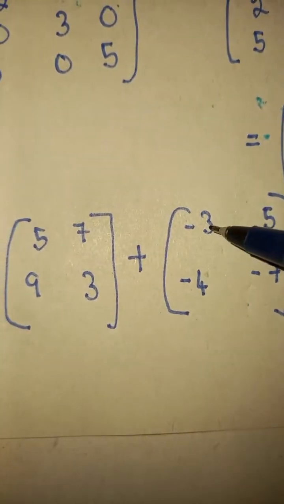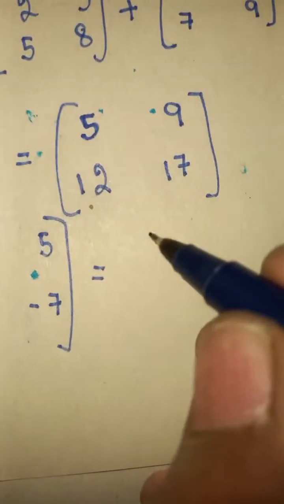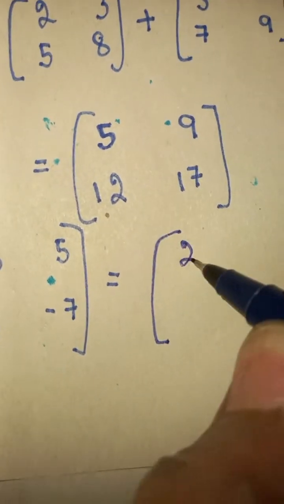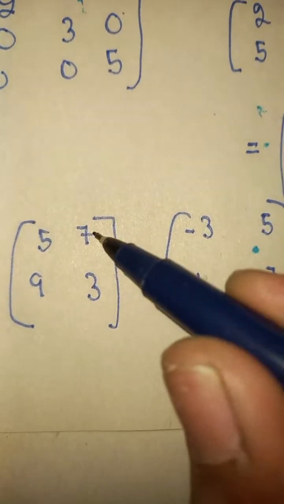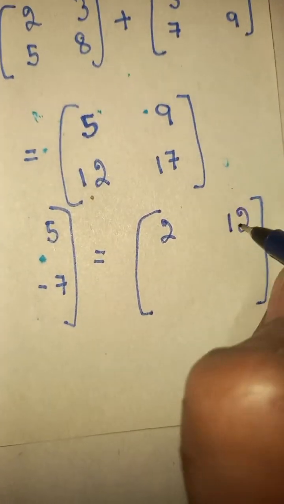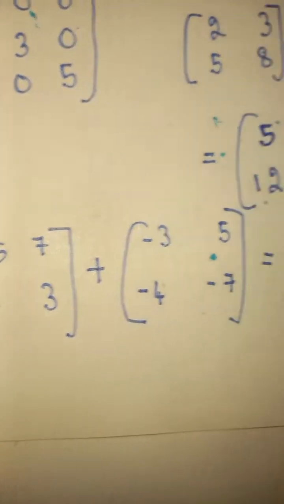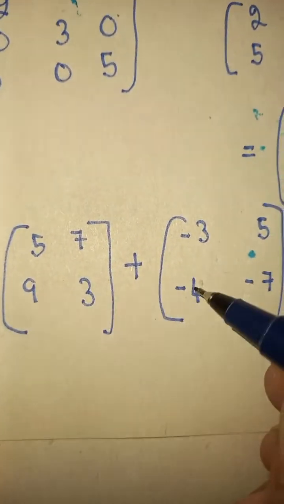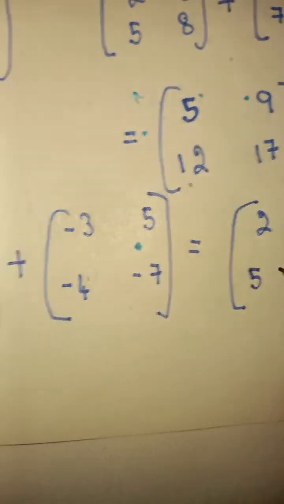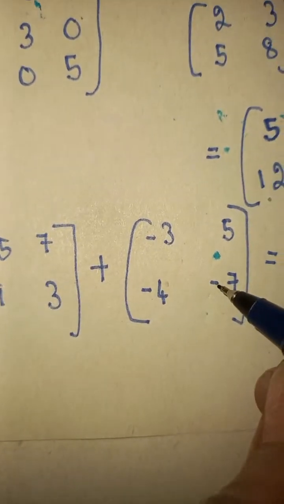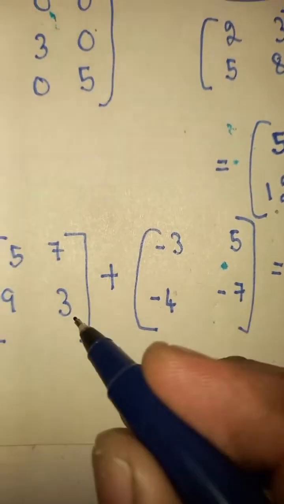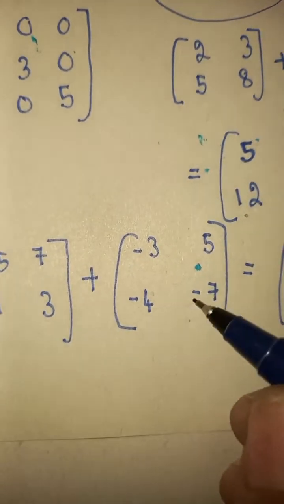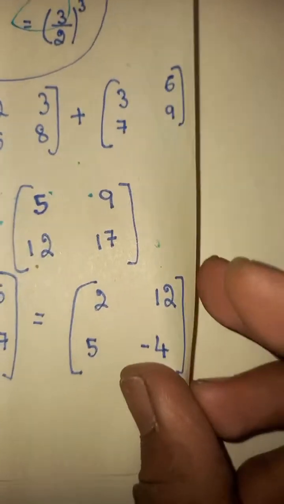First term with first term: 5 minus 3 becomes equal to 2. And then second term with second term, 7 plus 5 becomes equal to 12. And third term with third term, 9 minus 4 becomes equal to 5. And this 3 minus 7 becomes equal to minus 4. 7 minus 3 is 4, so the minus symbol remains, and it becomes minus 4.